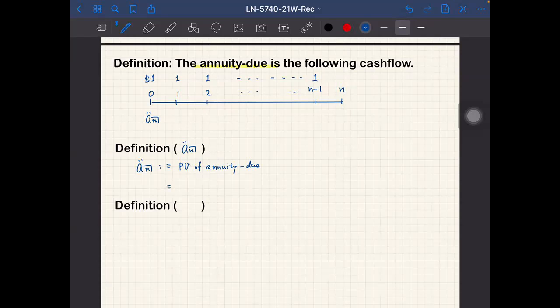And how do we calculate this? At first, the present value of 1 is obviously 1, and the present value of the $1 at time 1 is v, and then v squared, and so on. Finally, we end at v to the power n-1 because our last payment is $1 at n-1. So actually, this is just A right angle n divided by v.